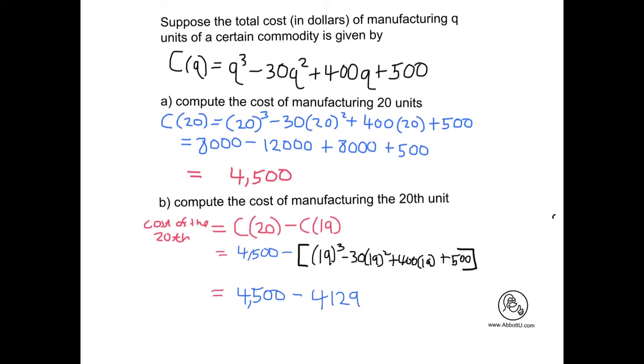And that is this. And the difference between the two is 371. Again, probably some geniuses at home that calculated that in 2 seconds in their head. If so, good job.